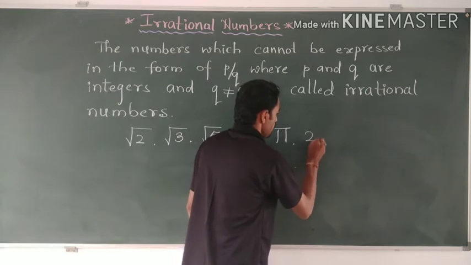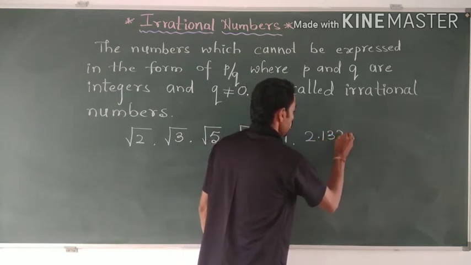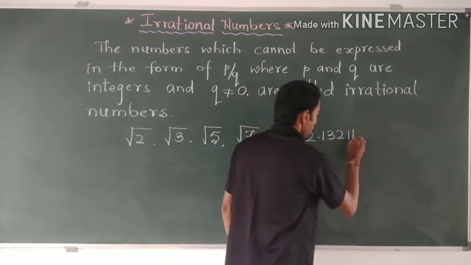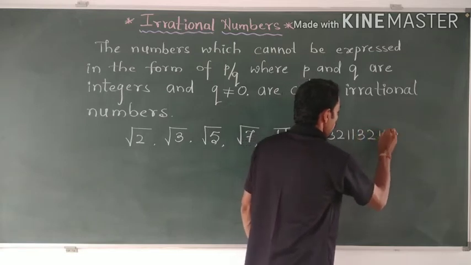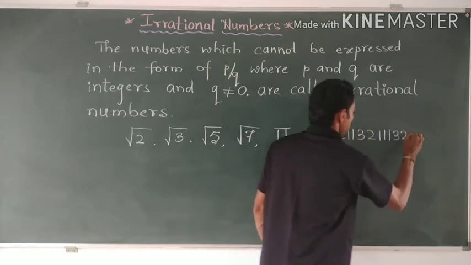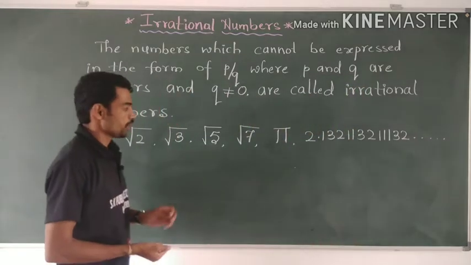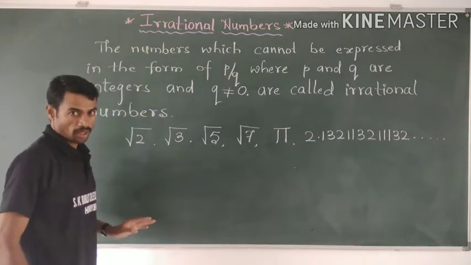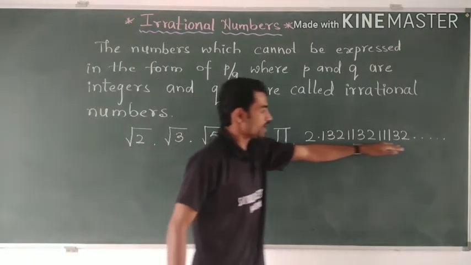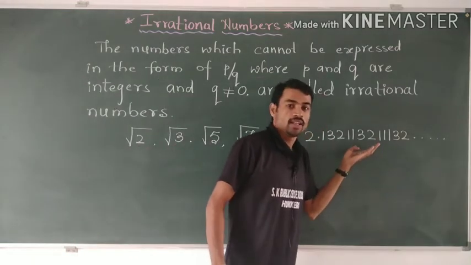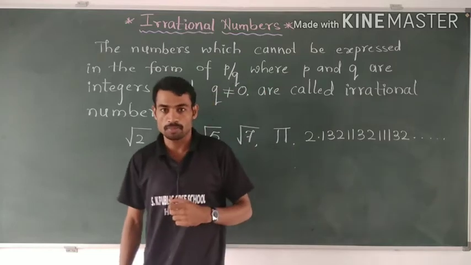So we can give these many examples for irrational numbers. You can give one more example: 2.132, 2.1132, 2.11132, and so on. This type of number is also said to be an irrational number. Why is this number irrational? How can you say this is an irrational number?